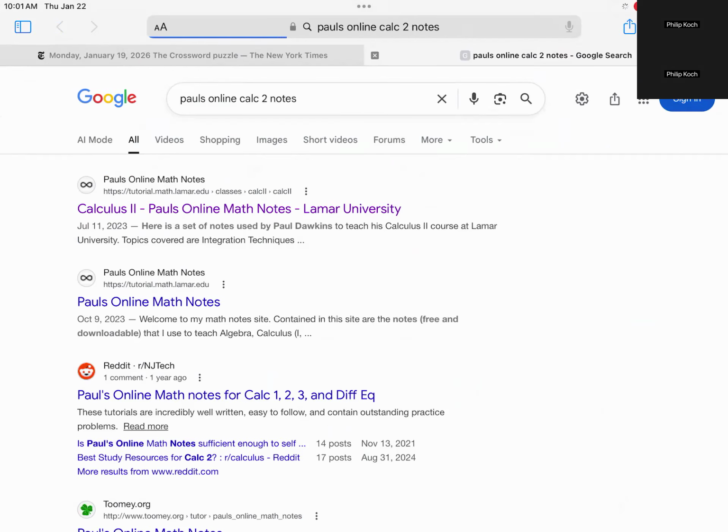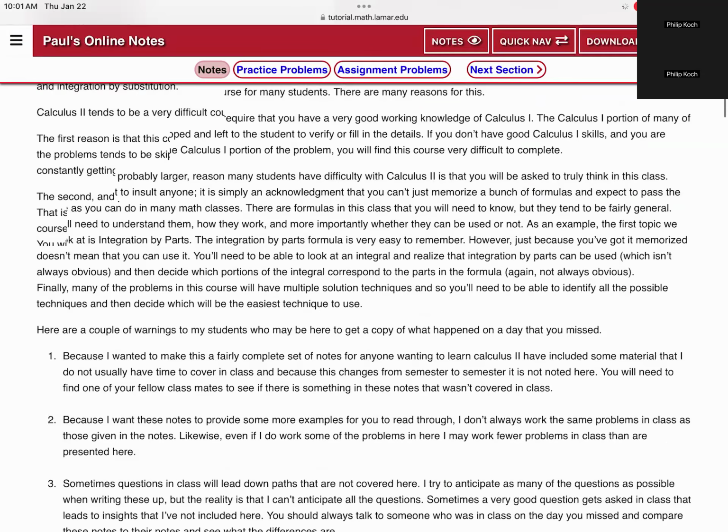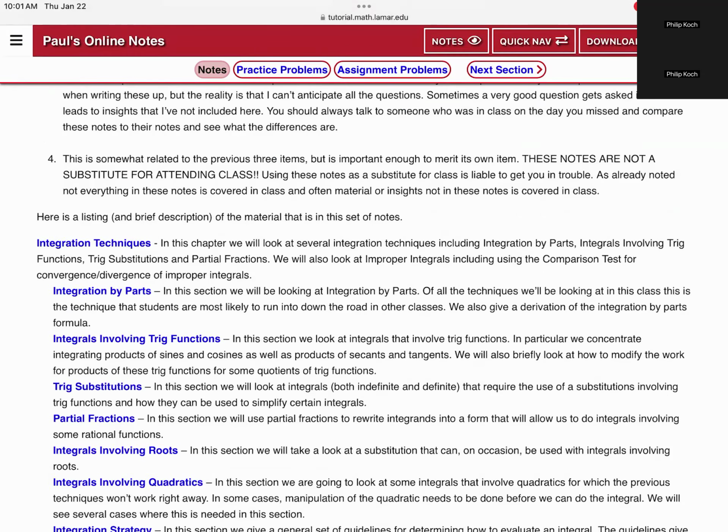This is a great resource for practice problems and stuff. The organization of his material may be a little bit flipped from mine, but most calc courses are organized in somewhat the same order.